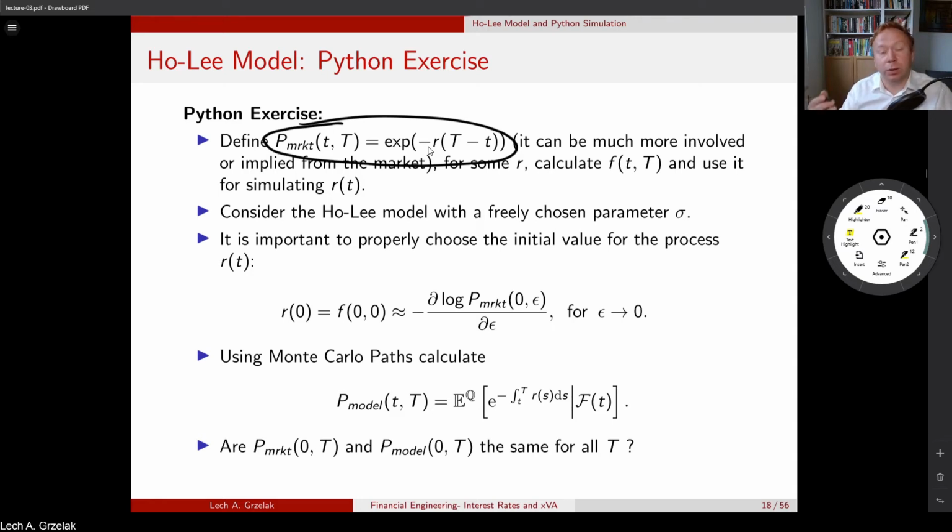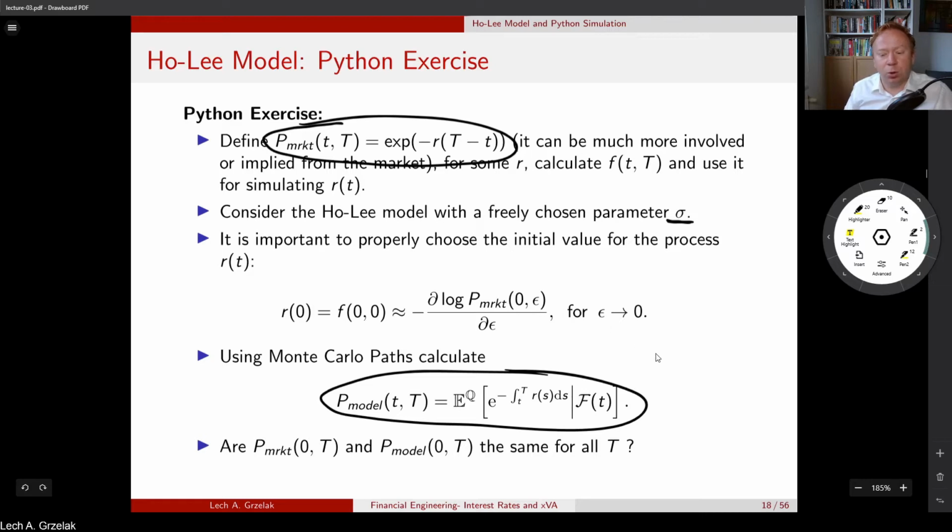So if you have a yield curve, you use it in term structure models as the input. Okay, so we have the zero coupon bond curve. We take an Ornstein-Uhlenbeck-type model with some sigma parameter, and the objective is that we will simulate paths using this model, and we will calculate the zero coupon bond using those paths.